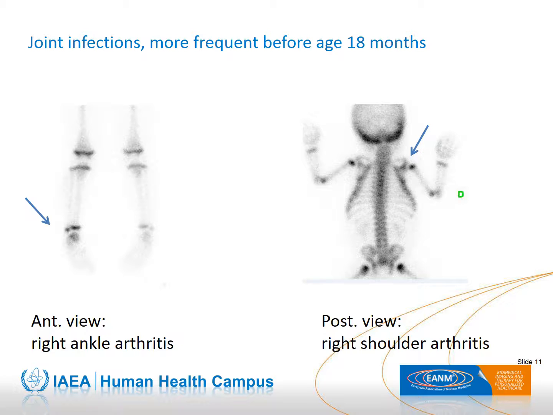On the left side of this slide, you see the delayed view of right ankle arthritis with increased tracer uptake on both the tibial metaphysis and the talus. The right side of the slide shows the scintigraphic aspect of right shoulder arthritis.